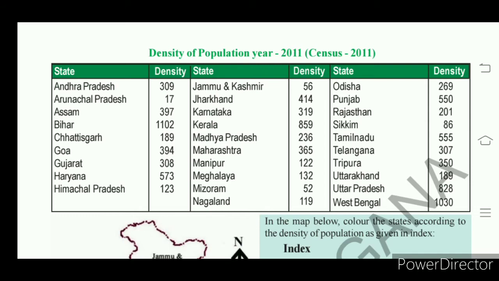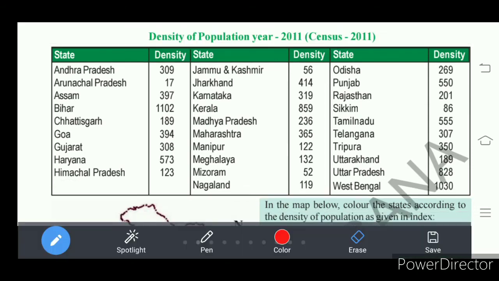It means that in 1 square kilometer area, how many people are living? In 1 square kilometer area in Andhra Pradesh, it was 309. In Arunachal Pradesh, it is 17.